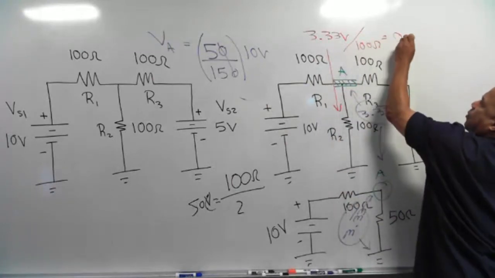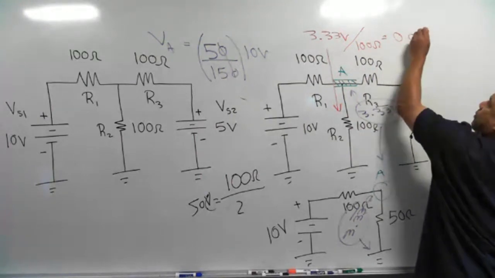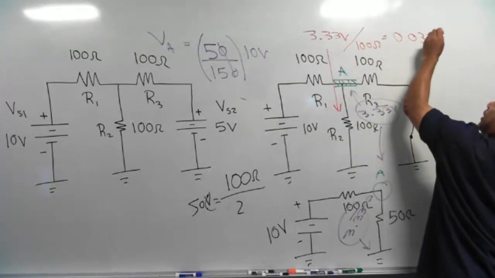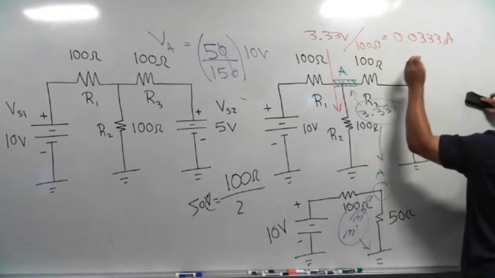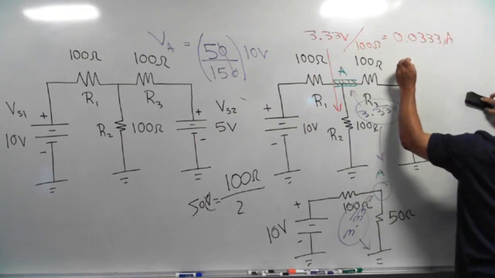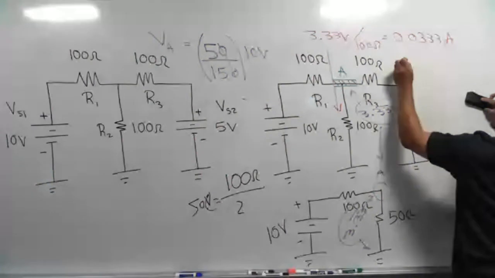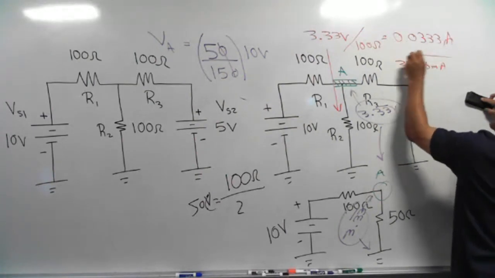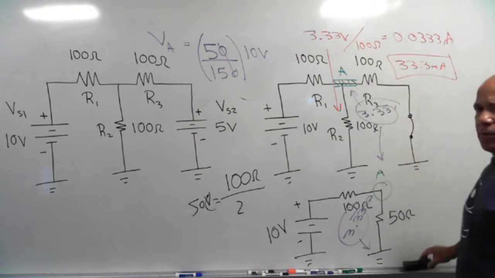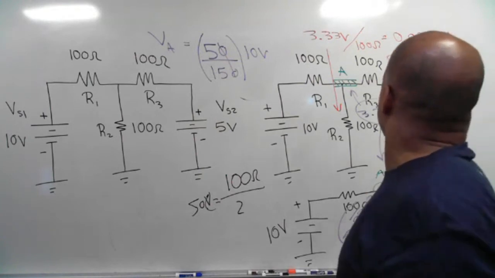It's going to give me 0.0333 amps, which is about 33.3 milliamps. Anybody agree with that? 33.3 milliamps.